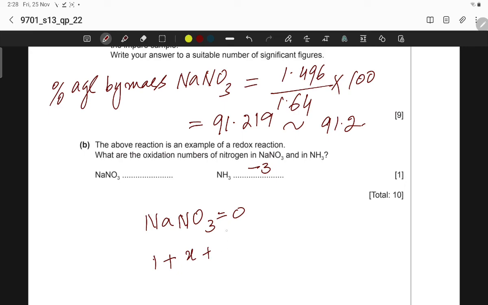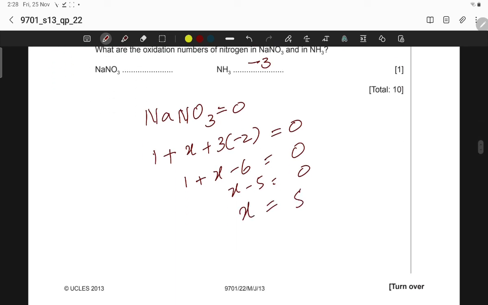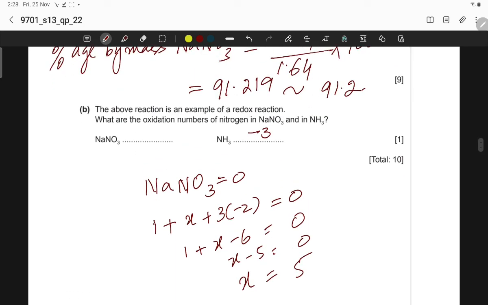So 1 plus x minus 6 is equal to 0. x minus 5 is equal to 0. So x is equal to 5. The nitrogen oxidation state is +5.